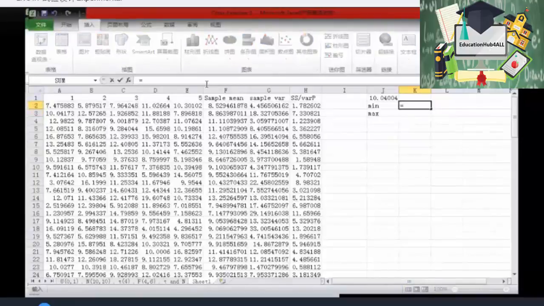Okay, you go ahead and find the minimum of the 100 values.